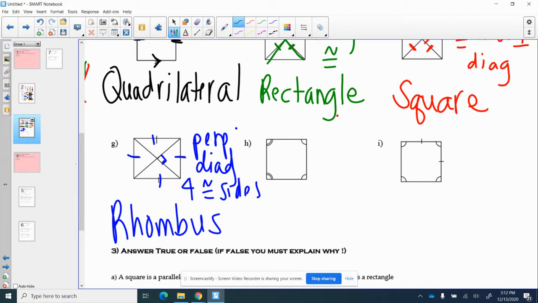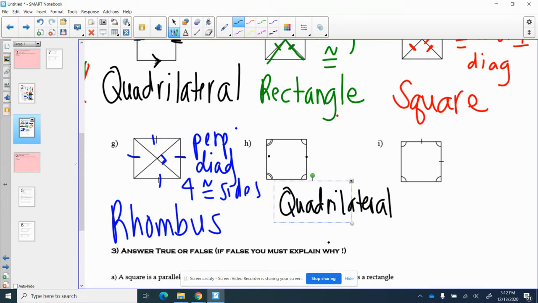Letter H, we have two pairs of congruent angles, but they're not opposite. Because they're not opposite, we would say that this is just a quadrilateral because, again, this could be a trapezoid, since we don't have enough information to know if they're all congruent to each other.